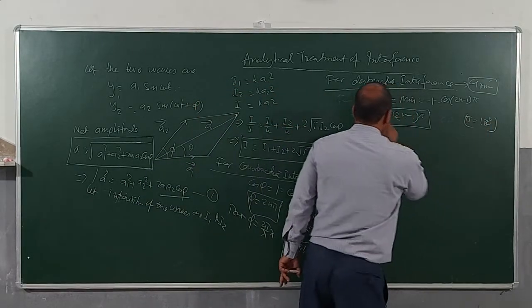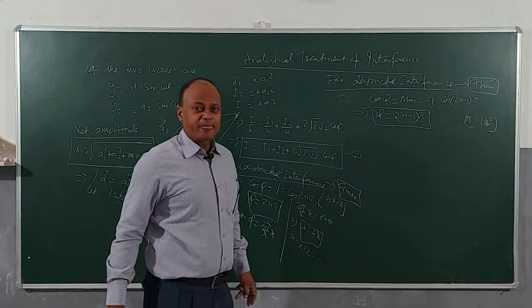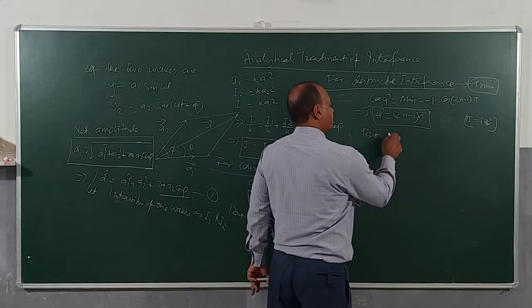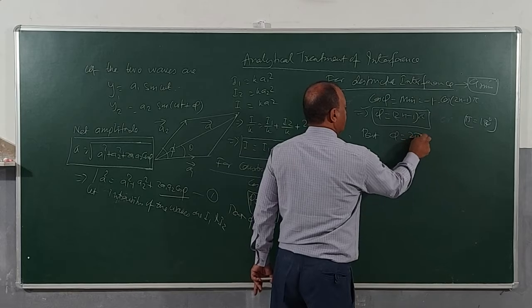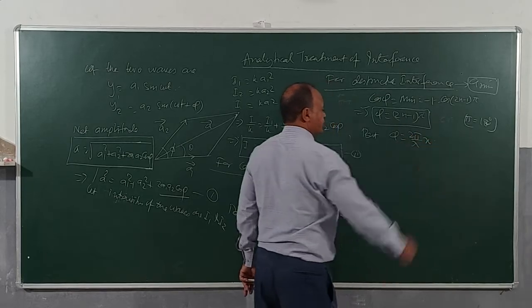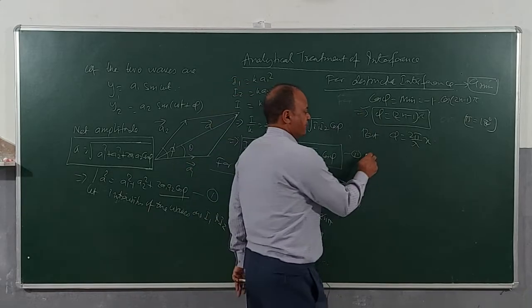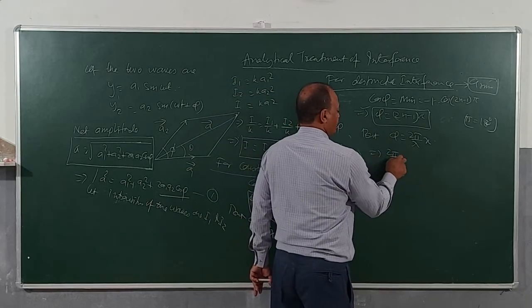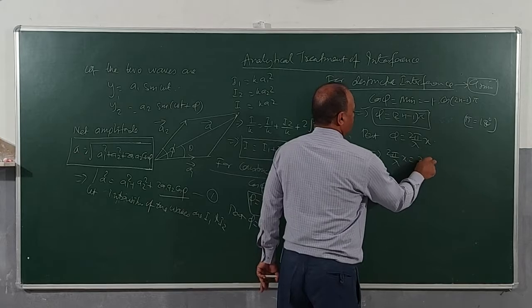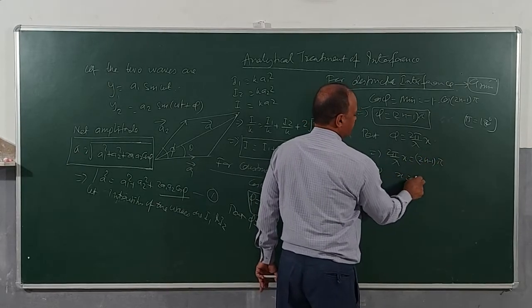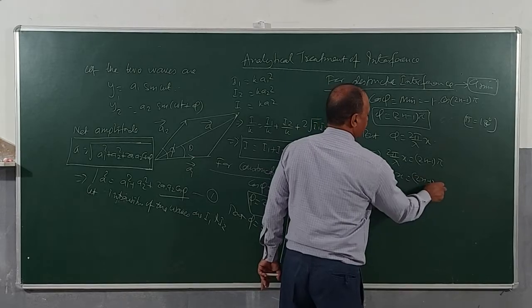So here you got the value of phase difference for minima, but we know that phi is equal to 2 pi by lambda into x, where x is the path difference. If I put this value here, we get 2 pi by lambda into x is equal to (2n minus 1) into pi. If you cancel out pi from both sides, x becomes (2n minus 1) into lambda by 2.